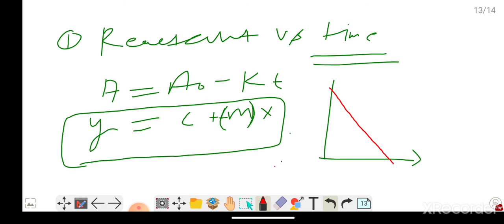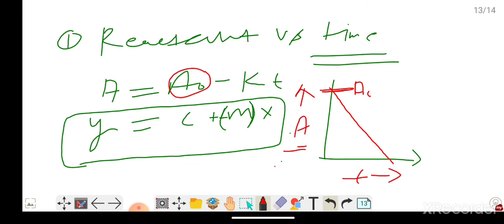Here we have the intercept equal to A naught, here we have the concentration of A, and here we have time. It is the concentration of the reactant. So here the intercept is A naught.